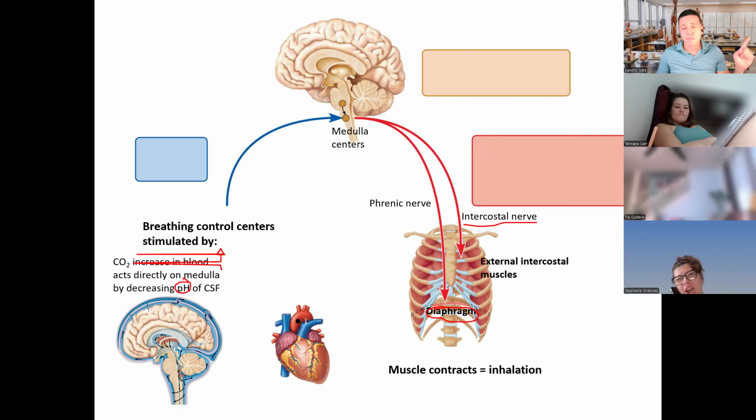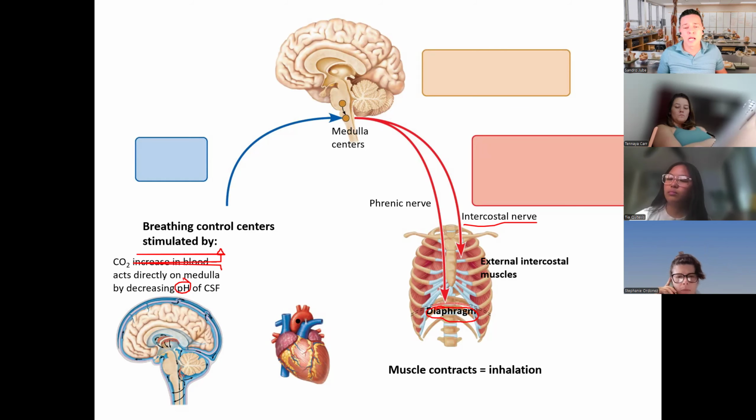Why? Remember when we were talking about gas exchange? When the carbon dioxide reacts with water, it forms carbonic acid. Carbonic acid, like the name says, is an acid. And the more carbon dioxide we have in our blood, the more carbonic acid is going to be produced.